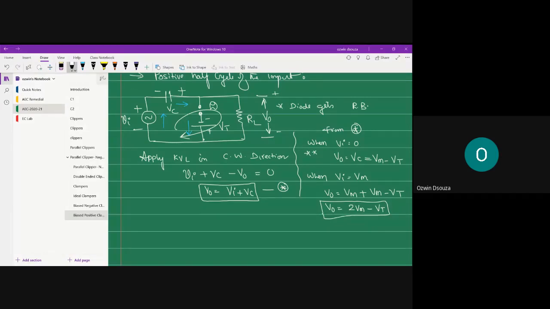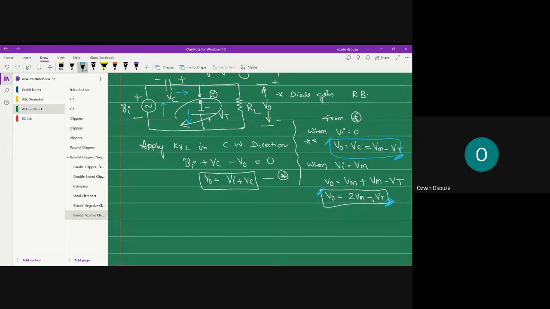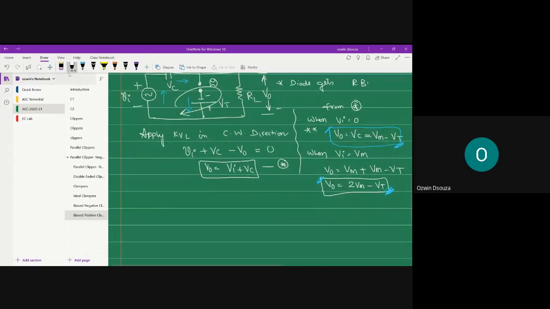I'll mark it with a different color, because this will help you in sketching the waveform as well. These blue boxes you would be requiring while plotting the output. So that's for the positive half cycle.